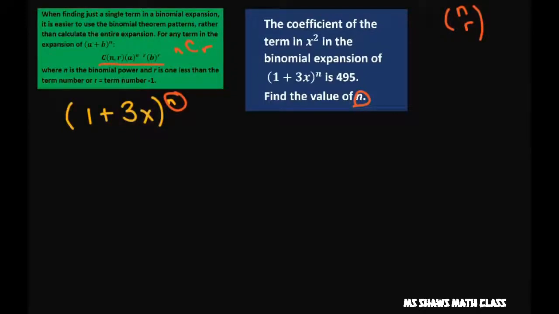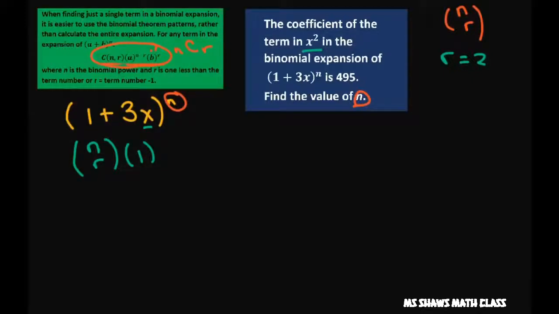Since we're looking for x squared and we only have one x, that means r is going to be 2. And I'll show you why. So you have n choose r times 1, using this formula.